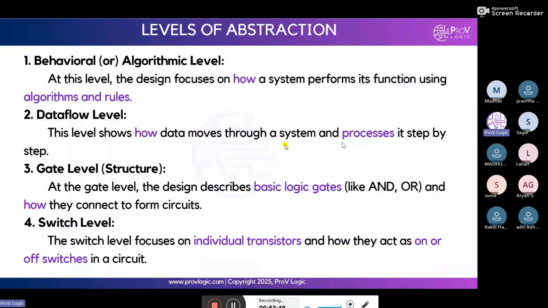From the problem statement, you will get to know the functionality, right? How it is working and what are the inputs, what are the outputs. Yes. Okay.